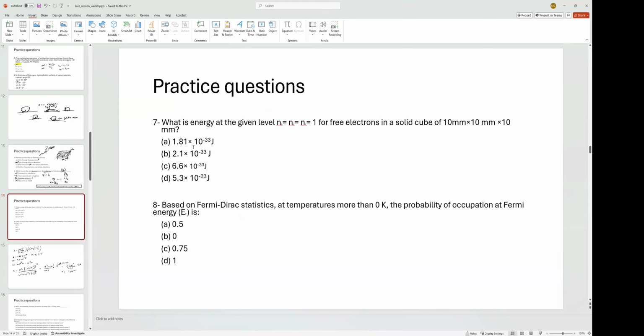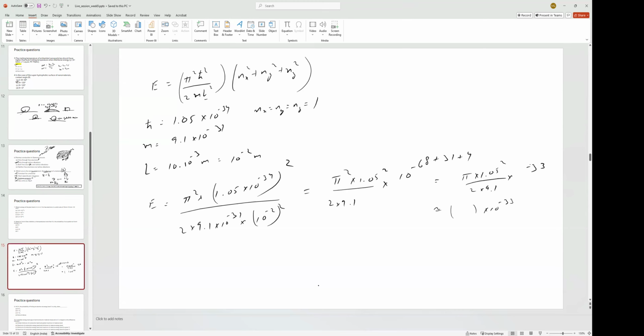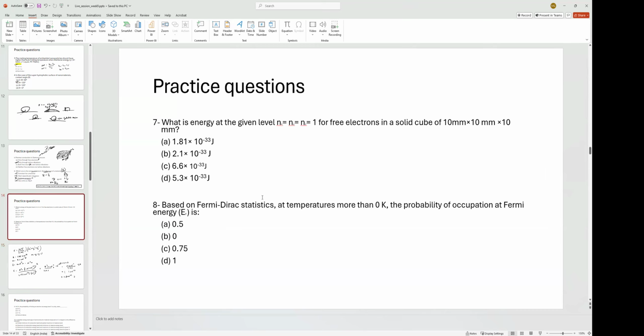You have to calculate them. So you'll get around 1.8 into 10 to power minus 33 joules. Okay, so that should be the correct answer.